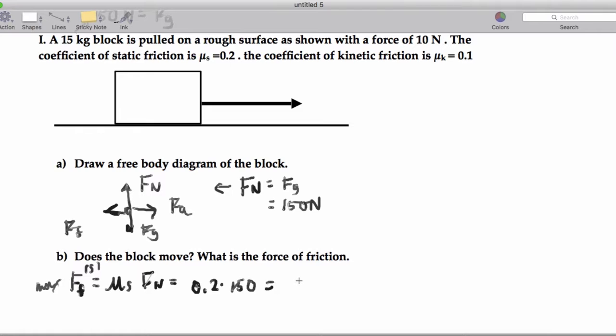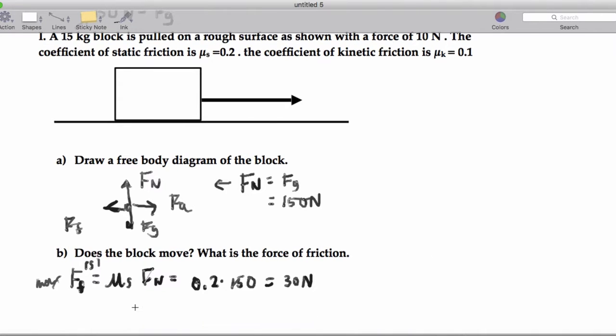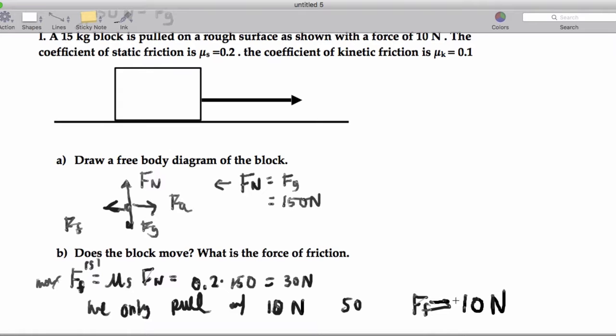So that gives us 30 newtons as a maximum possible friction force. But we only pull with 10 newtons. So the force of friction to balance it is going to actually be 10 newtons as well.